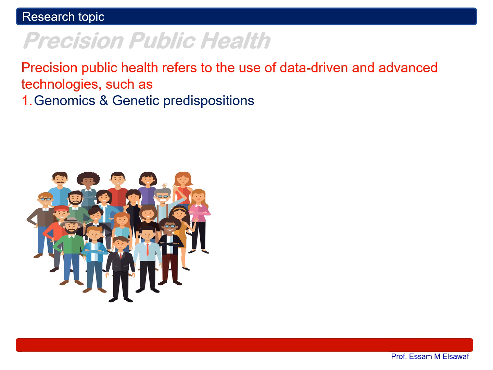I remember I told you before that some people are more prone than others to acquire bronchial asthma due to genomic or genetic predisposition. Okay. Second is digital health tools. Third is geographic information systems, including travel history of the population as well as geographical information of any area.